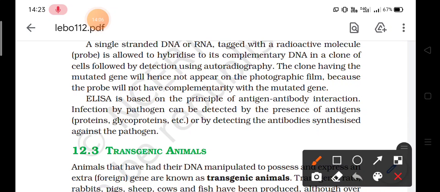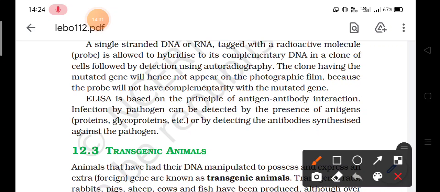So in PCR, let us recapitulate again. What is done? A small amount of DNA or molecules will be taken. They will be amplified, because suppose we have taken a very small amount of cellular material, and in such a small amount we may not get an accurate result.